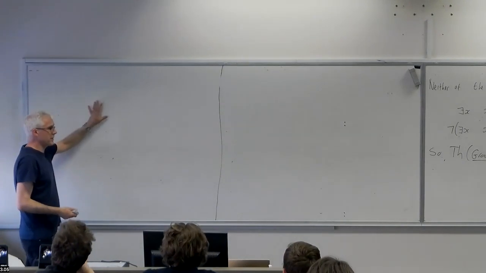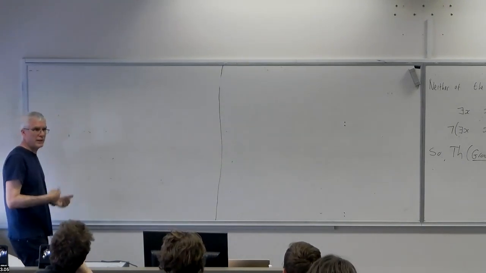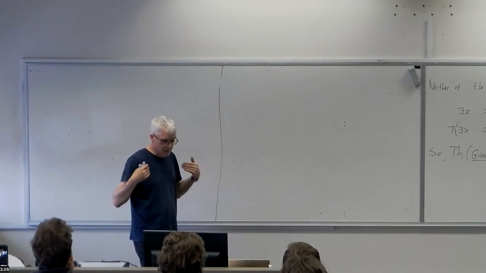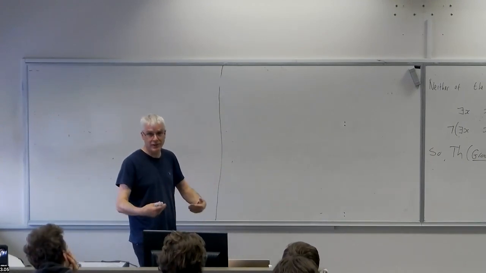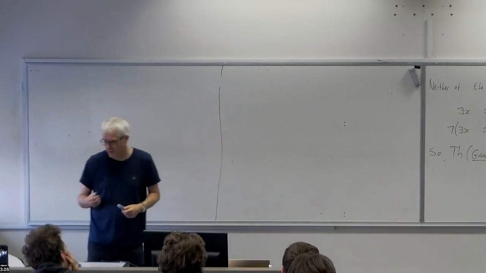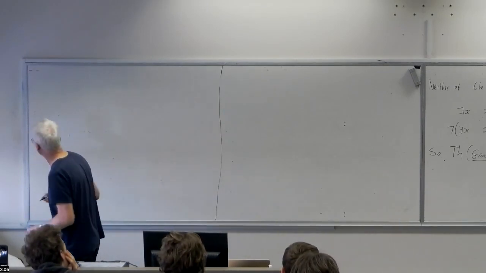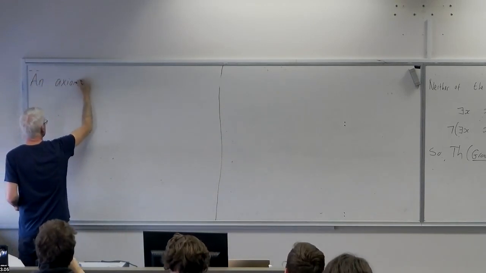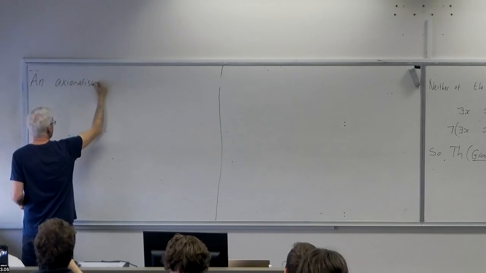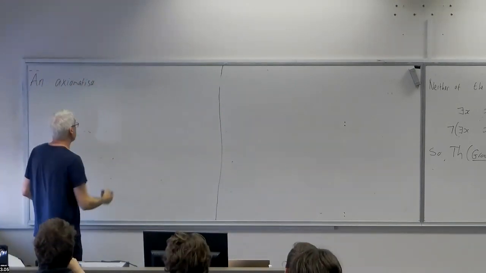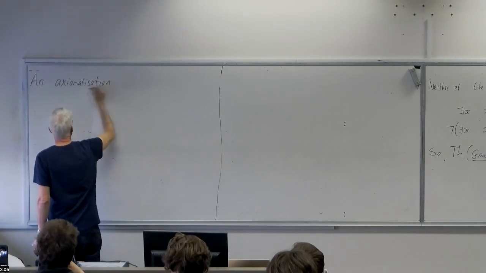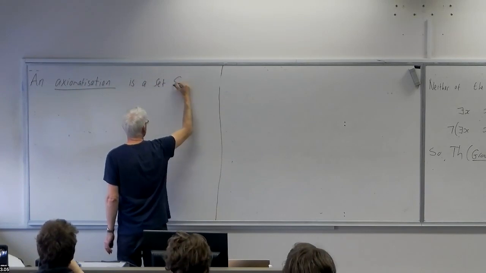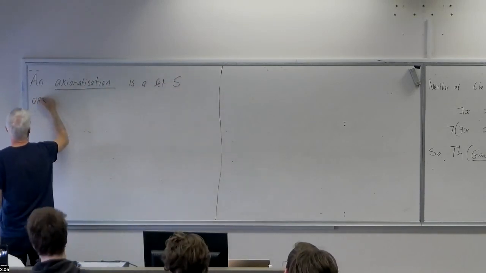The point of an axiomatization is that we define a class of structures by giving some axioms for the basic properties that the class of structures must satisfy. So how do we define a set of properties? We simply give a set of sentences. An axiomatization is a set S of sentences.